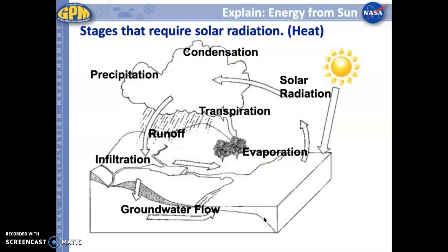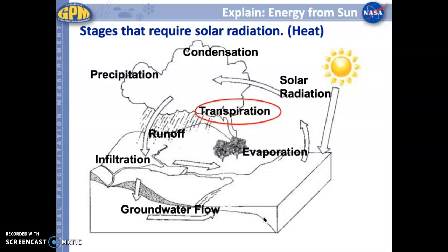Okay, so what stages in the water cycle are going to require solar radiation? Go ahead and pause here for a second, see if you can pick out the stages that would require solar radiation. So we have two stages that are based off of solar radiation.